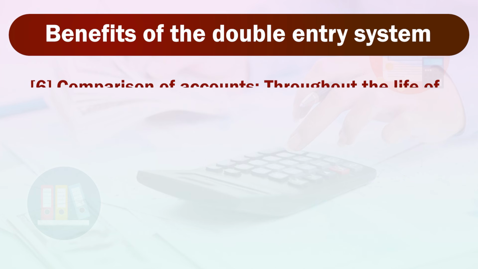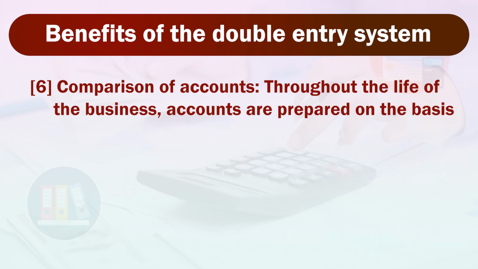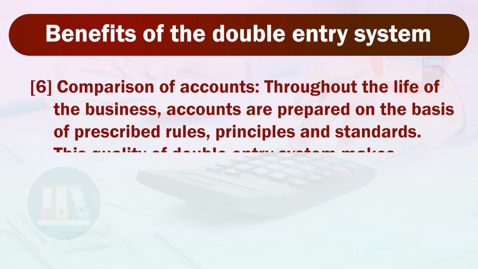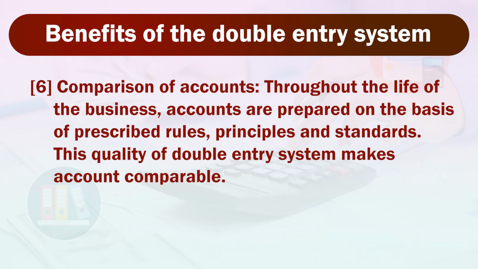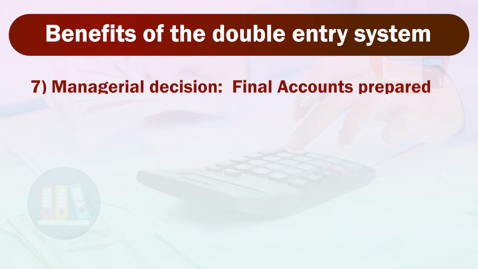Sixth is comparison of accounts. Throughout the life of the business, accounts are prepared on the basis of prescribed rules, principles and standards. This quality of the double entry system makes accounts comparable. The seventh is managerial decision.